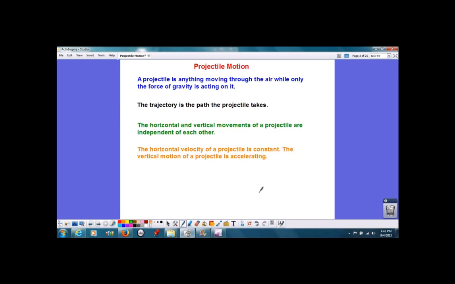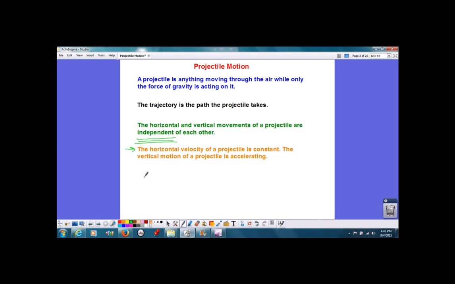The horizontal and vertical movements of a projectile are independent of each other. That means they do not affect each other. The horizontal movement is not going to affect the vertical movement, and vice versa. Also, the horizontal velocity of a projectile is constant. Gravity doesn't pull us sideways, left or right.